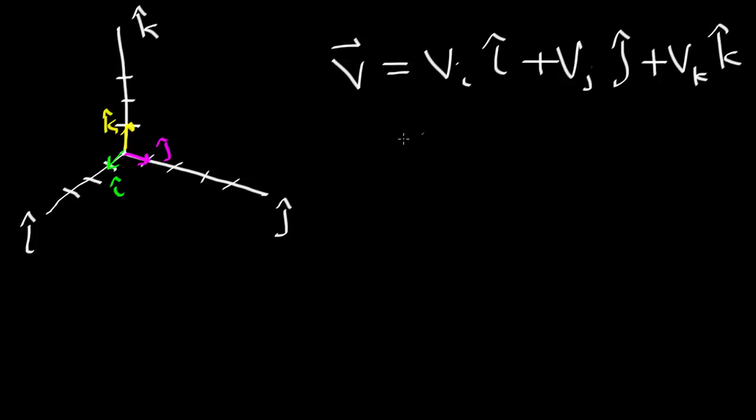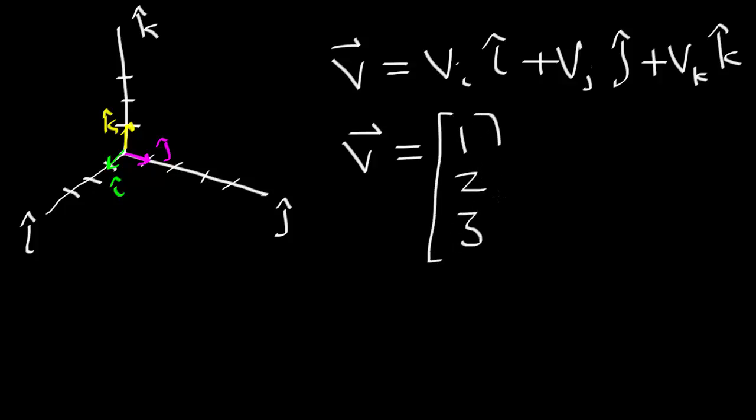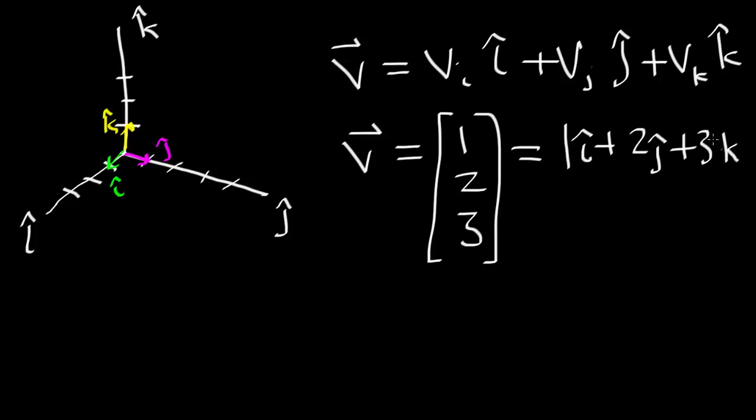So you can imagine we could specify a vector, and using our old notation, the i direction would be the top, and we could say it's 1, and then 2, and then 3. So this is its magnitude in the i direction, j direction, and k direction. So the equivalent way to write that would be 1i plus 2j plus 3k.